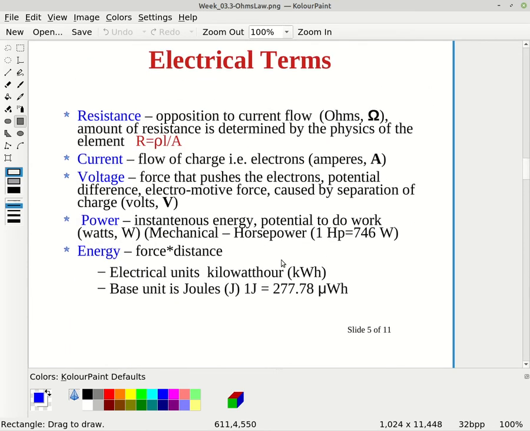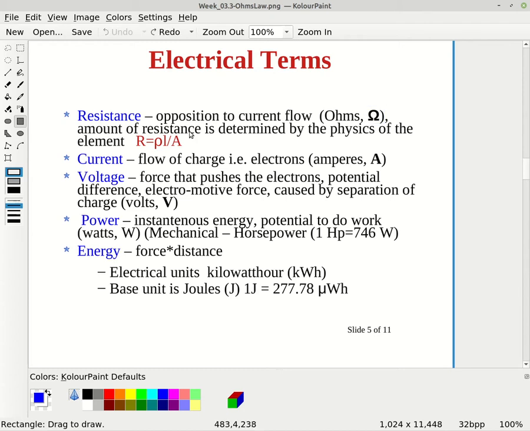So for electrical terms, we have several different terms here. Of course, we've discussed many of these already. So resistance is the opposition of current flow. The unit for resistance is the ohm, for which we use the capital Greek letter omega as the unit symbol.